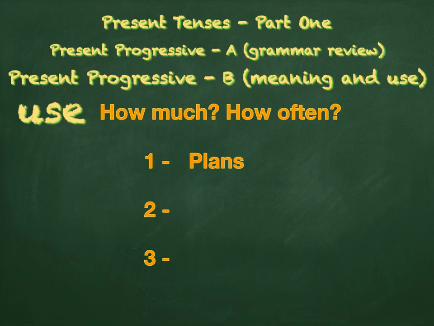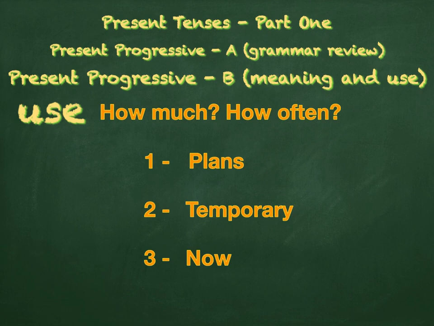And plans is number 1. We talk about our plans in the present progressive a lot. Sometimes we talk about temporary situations, but we don't talk about now very much. Sometimes, of course, but it's not very common.